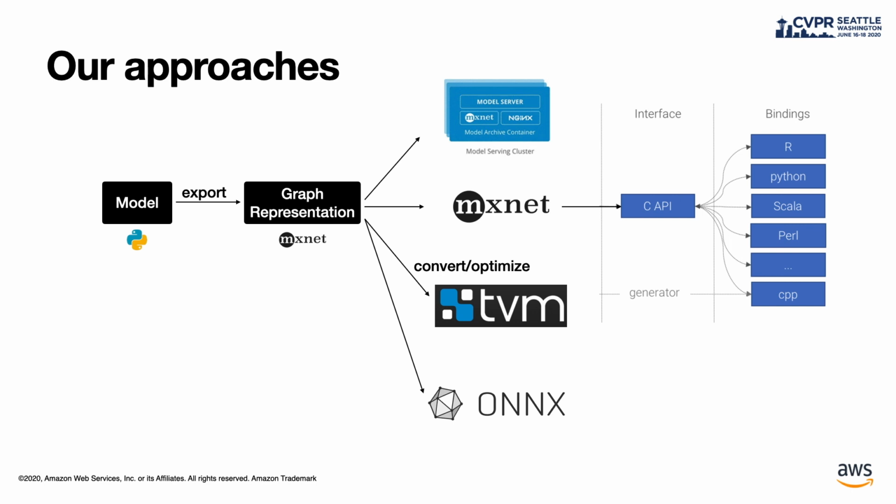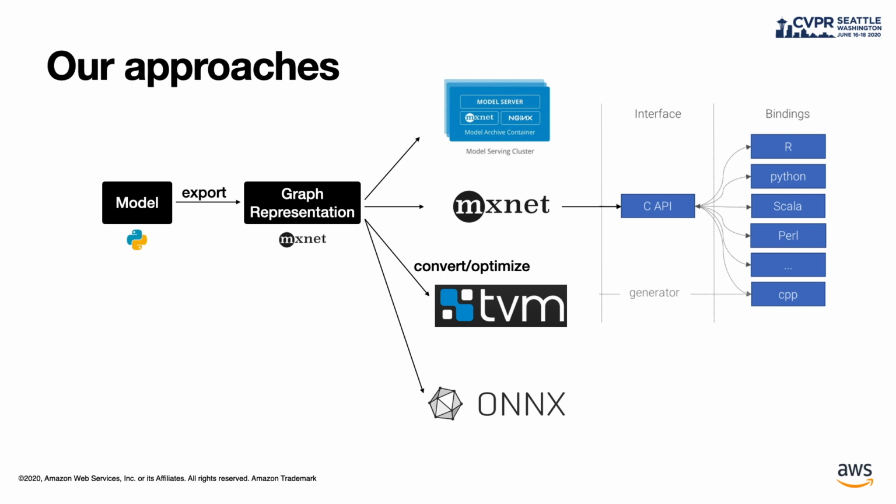Second, there are a couple of ways to consume the static graph we just saved. It can either be directly used in online model serving services, or it can be directly consumed by the front-end languages supported by MXNet, which means there are all kinds of language bindings, including R, Python, Scala, Perl, Java, C++, and so on.